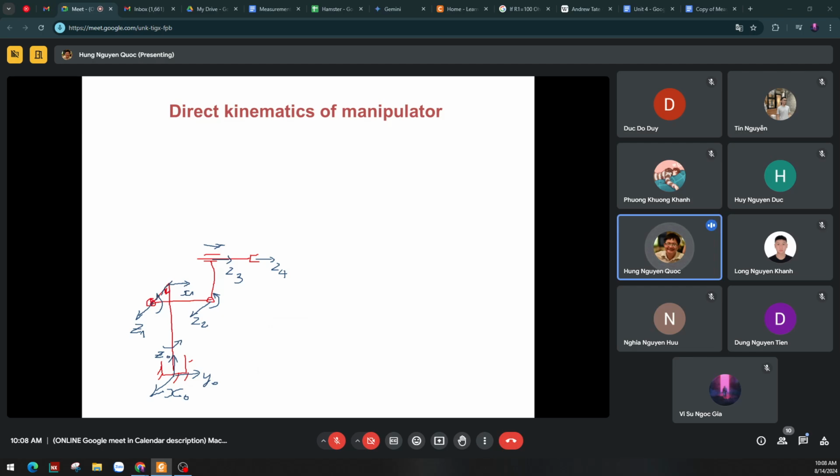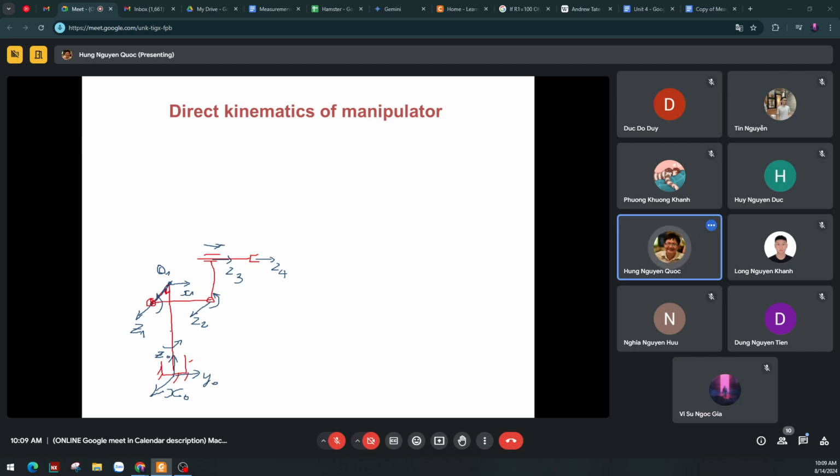So remember, Z0 here and Z1 here cross at this point. So this should be O1. Remember, the intersection point is always the origin of the coordinates. So this should be O1 and X1 here. And remember, X_i should be perpendicular to and intersect Z_{i-1}.